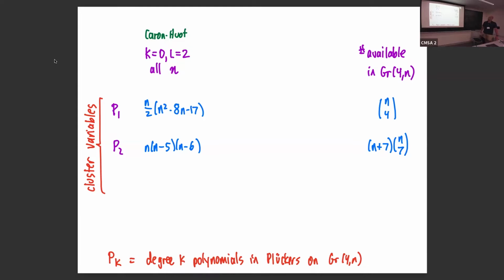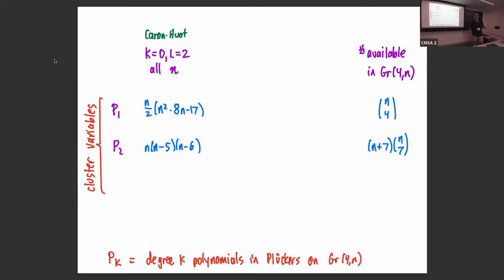He also found certain quadratic polynomials in Plücker coordinates. In particular, he found precisely n times (n minus 5) times (n minus 6) of them, all of which, I'll get to your question in just a second, all of which are cluster variables. So the total number of symbol letters he found is split in this way between Plückers and quadratics, and they're all cluster variables. Yes.